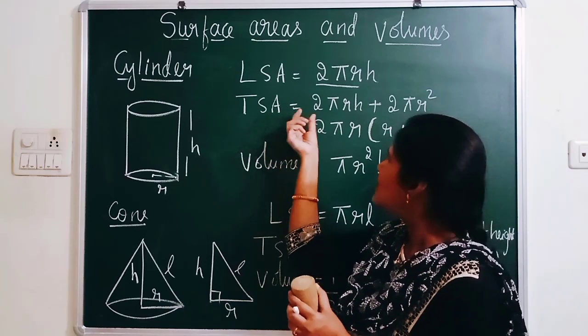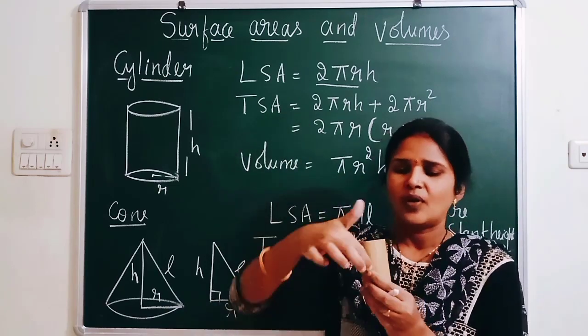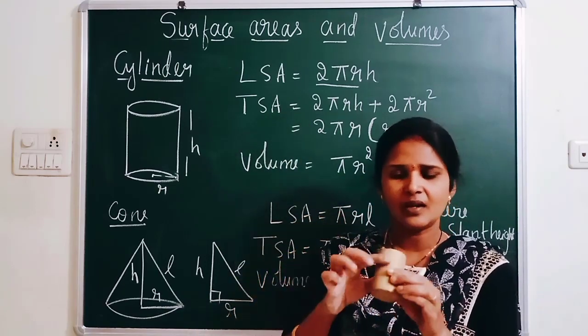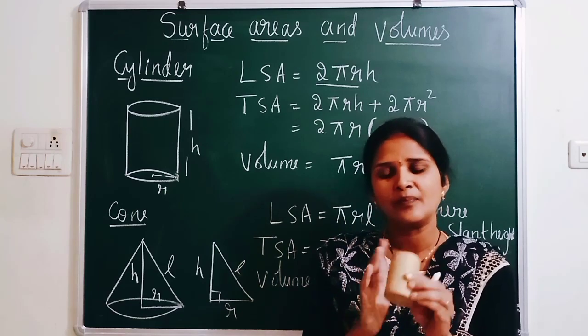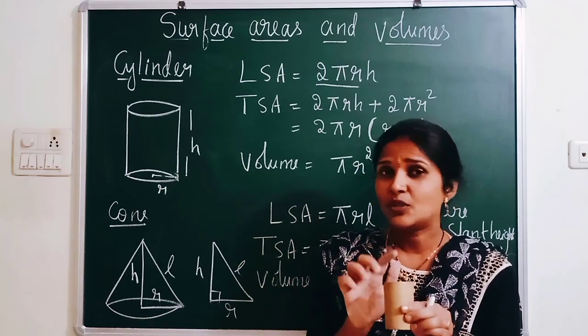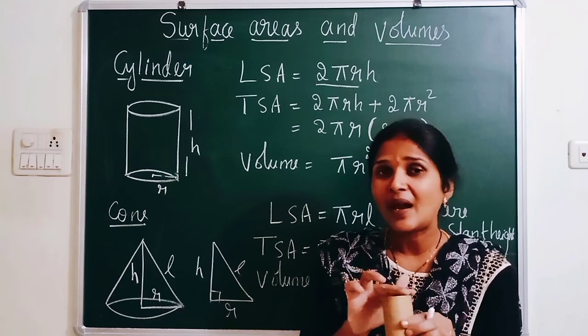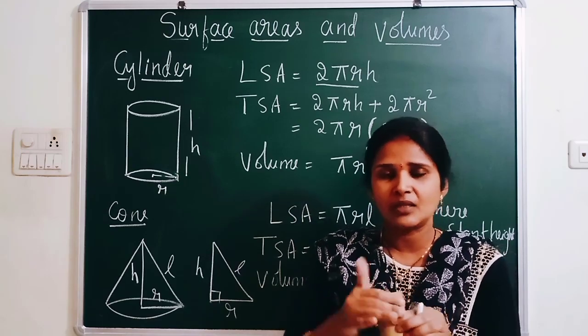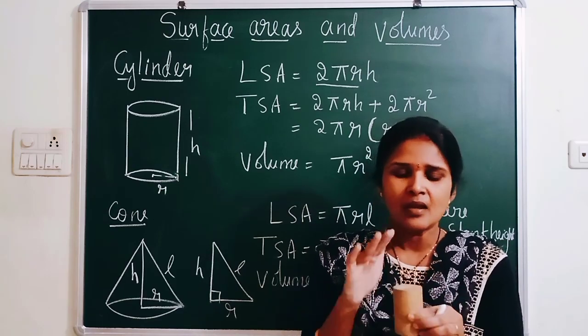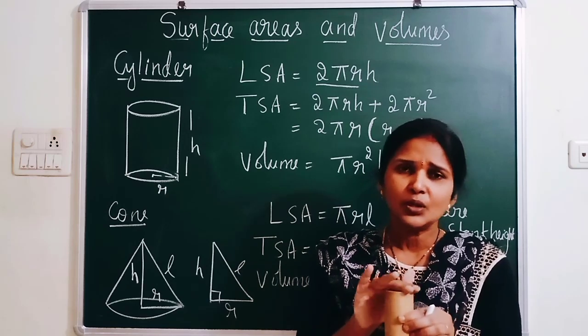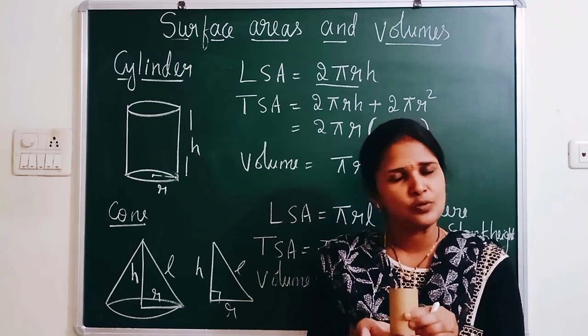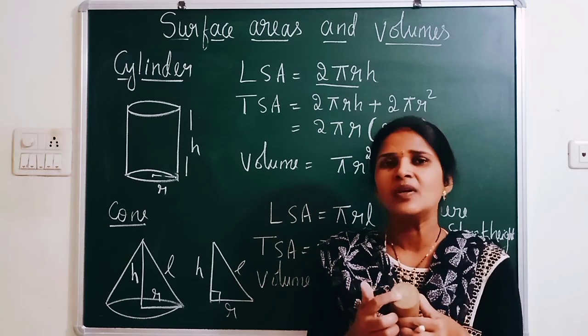Now, total surface area of cylinder. For total surface area, how many circles should I add? 2 circles. Be careful, I should add the area because I am taking the full block. CSA plus two top and bottom faces, which are in the shape of circles.